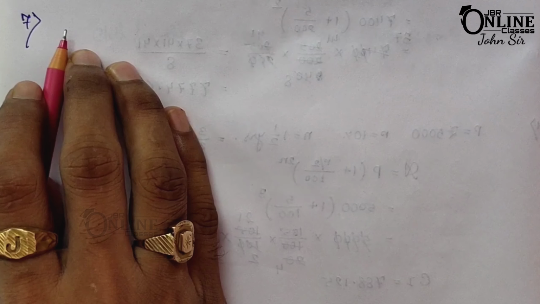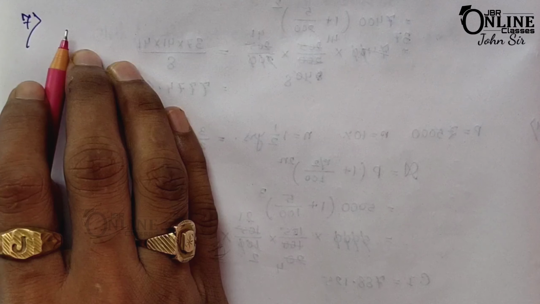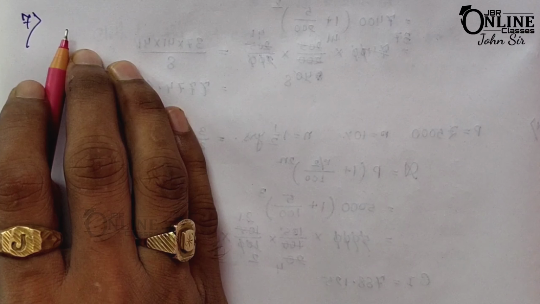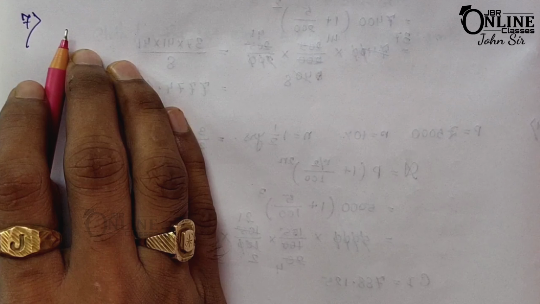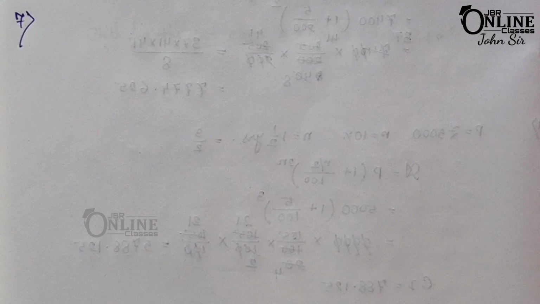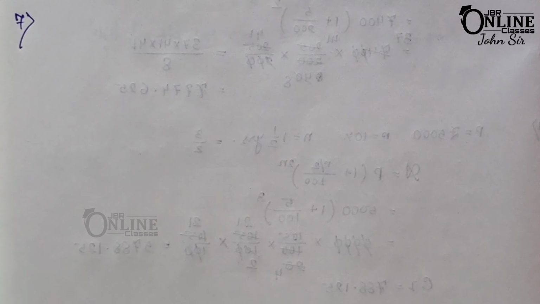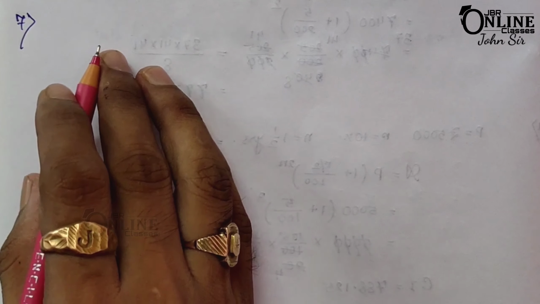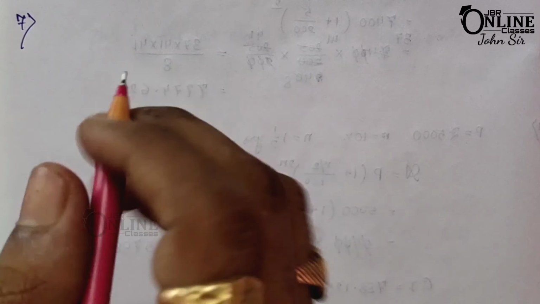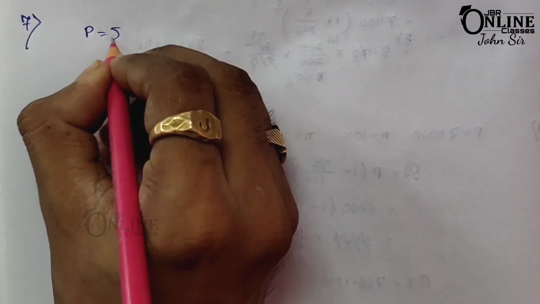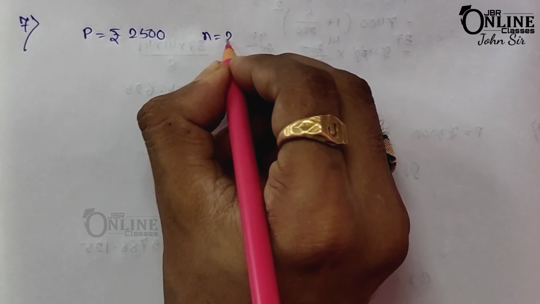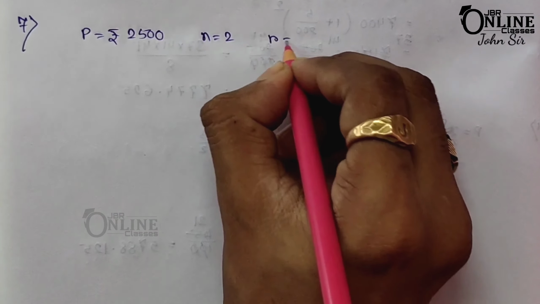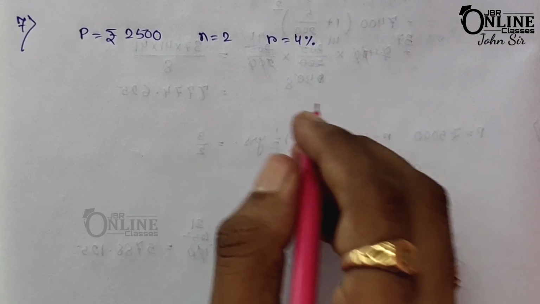Now sum number 7. Find the difference between the simple interest and the compound interest on 2500 for 2 years at 4% per annum. Compound interest is reckoned semi-annually. So here you have to remember that compound interest is calculated semi-annually. First, principal equals rupees 2500, given time equals 2 years and rate equals 4% per annum.